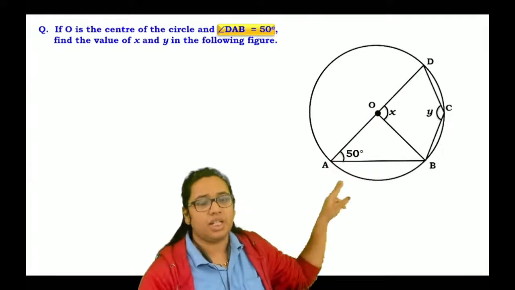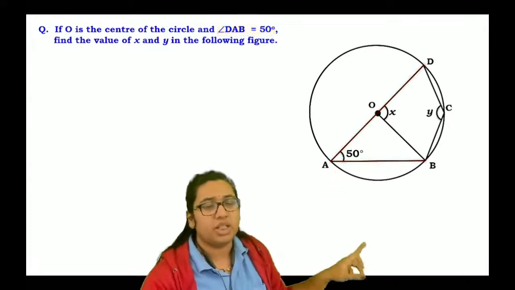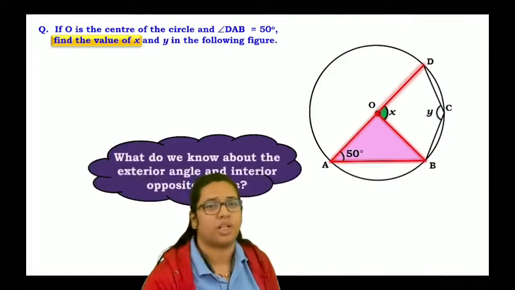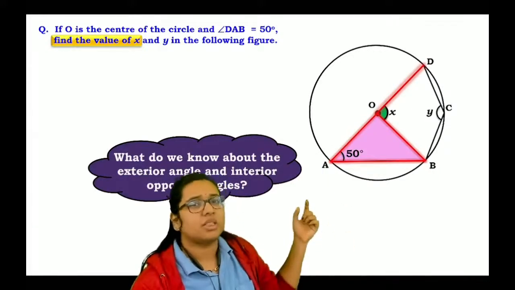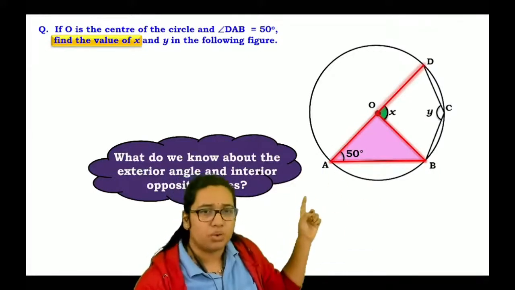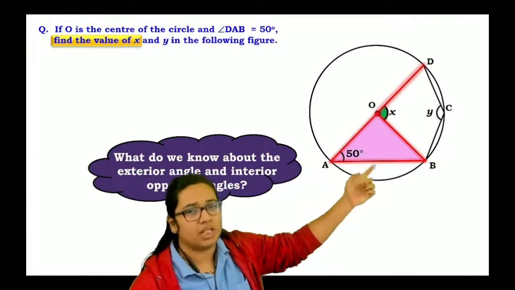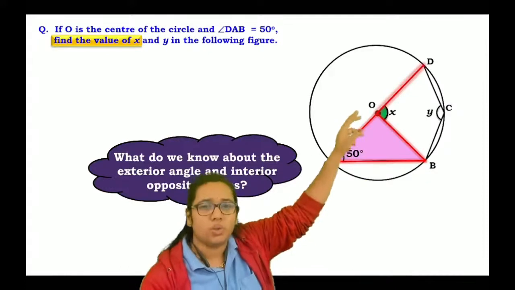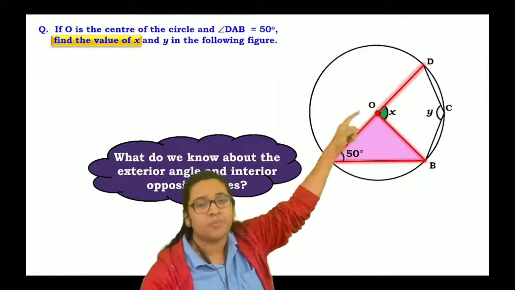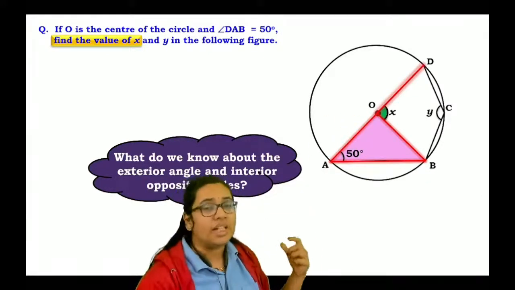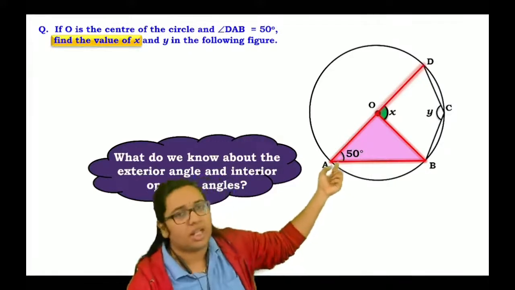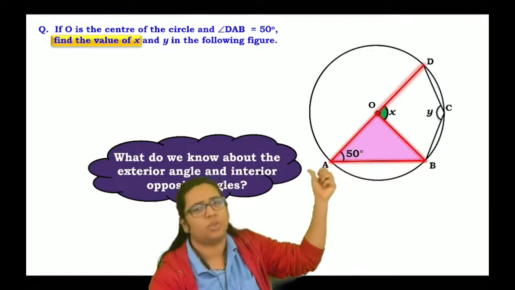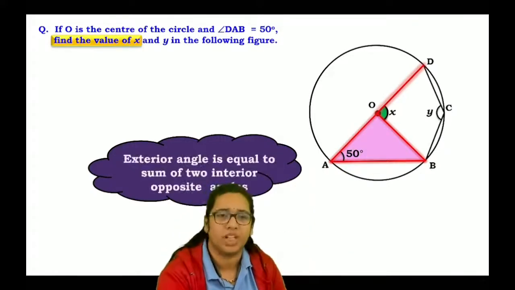DAB is nothing but 50 degrees. We have to find the value of x and the value of y. So if you discuss triangle ABO, for this triangle we know that angle BOD, which is nothing but this x, is an exterior angle, correct? Angle x will be the exterior angle and obviously the angles of ABO will be the interior ones.